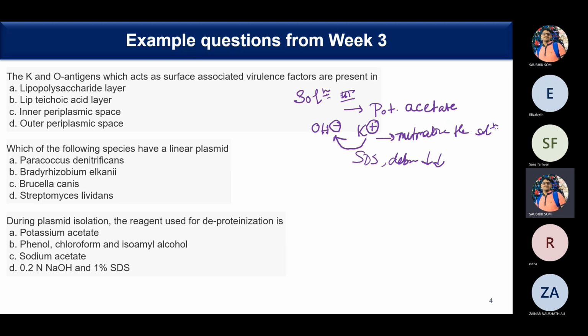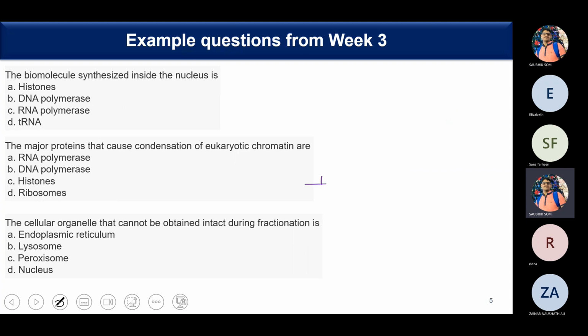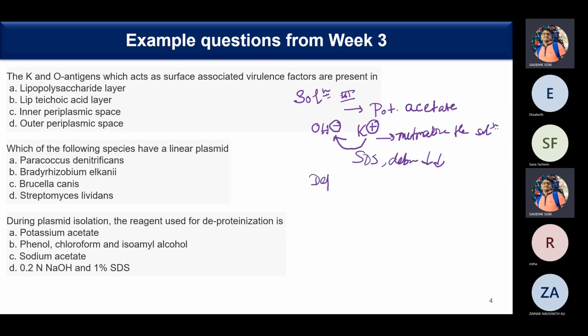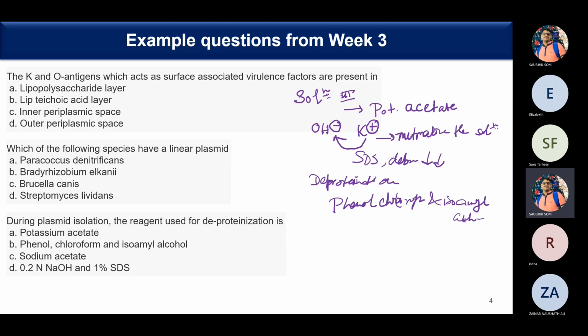Now the next step will be deproteinization, which will be done by phenol chloroform and isoamyl alcohol. In this step, due to the phenol, all the proteins will be precipitated in the phenol chloroform, and there will be a clean layer.